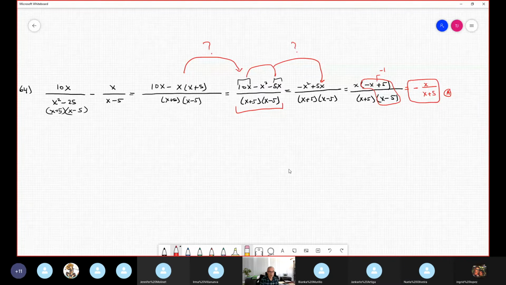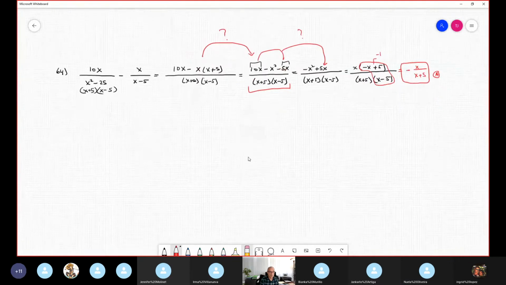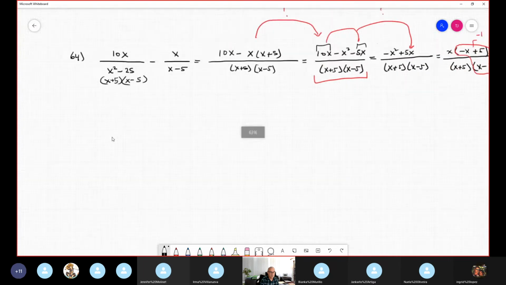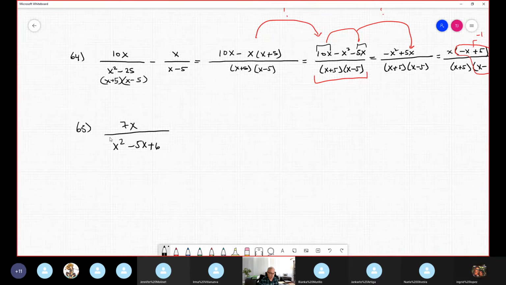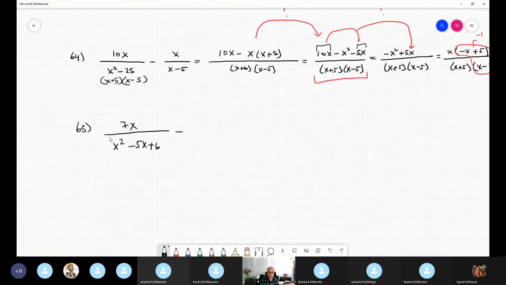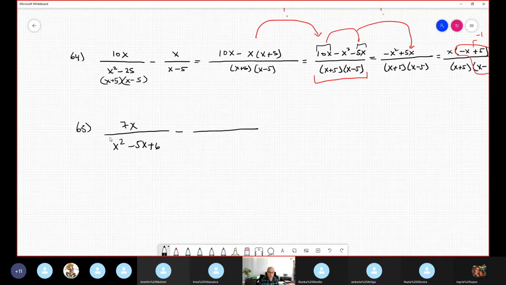Okay, let's move on to 65. It's a little bit more interesting. 65 is 7x over x squared minus 5x plus 6, minus, subtraction again, x squared minus 6x plus 8.